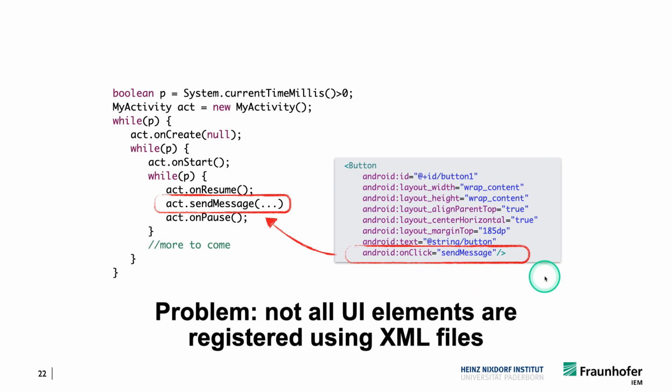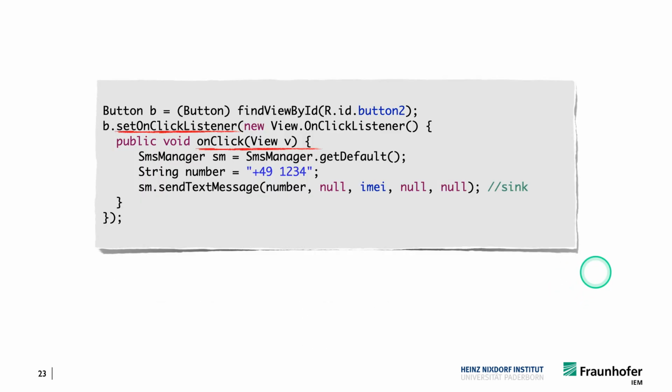The problem is, though, that not all user interface elements are actually registered using these XML files, because there is a secondary mechanism that Android apps can use, and that looks like this. So you can call an Android API method to set an on-click listener sort of manually, right, through program code like you see here.